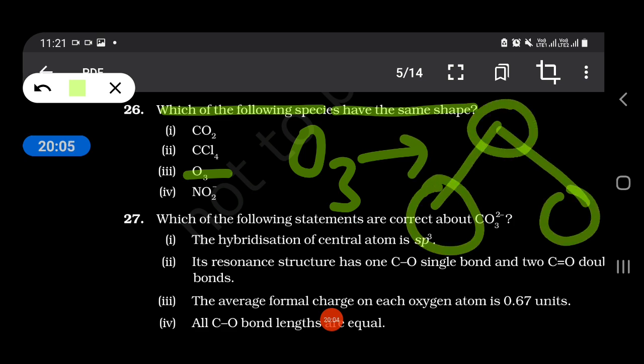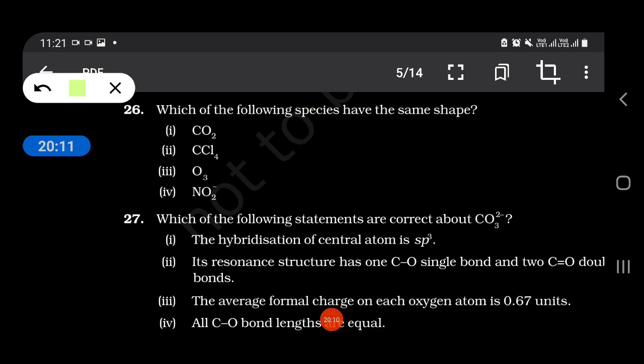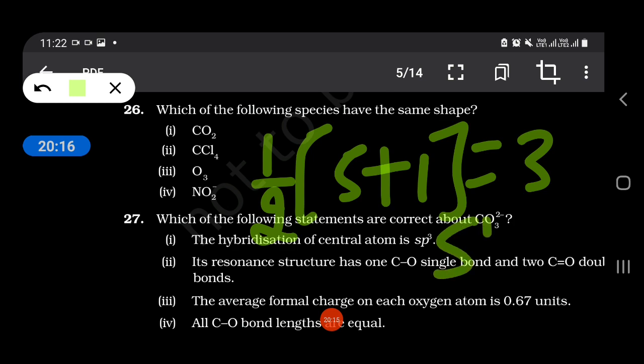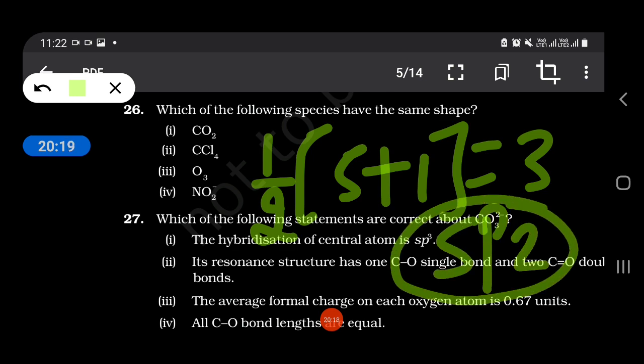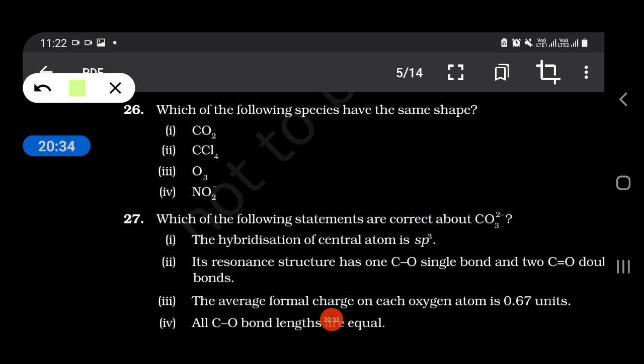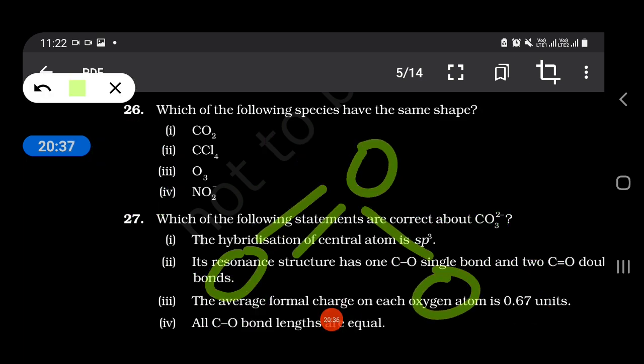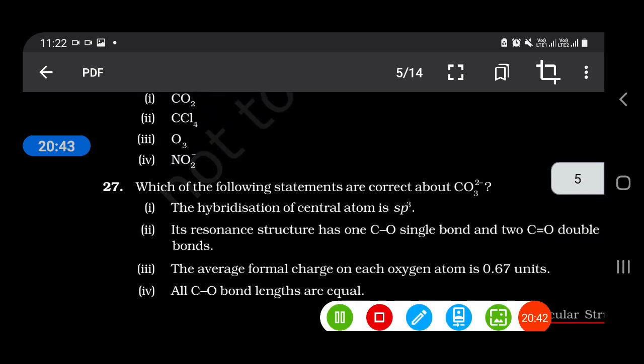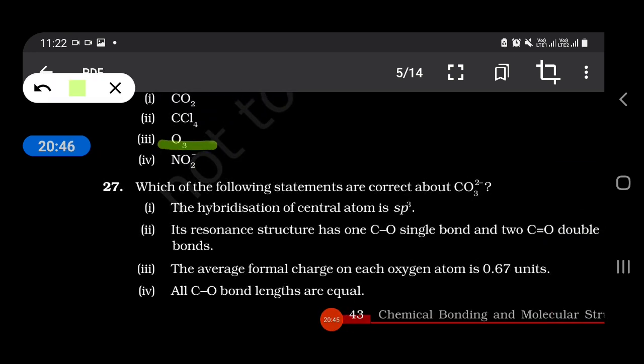And NO2 also, you can find the hybridization like this: half of 5 plus 1, that is 3, that is sp2, and it has an electron present on it, so it will be like this, N with a lone pair on it, and then O and then O. And O3 is also the same, O, double bond O, and a single bond and a lone pair. So our answer is O3 and NO2.